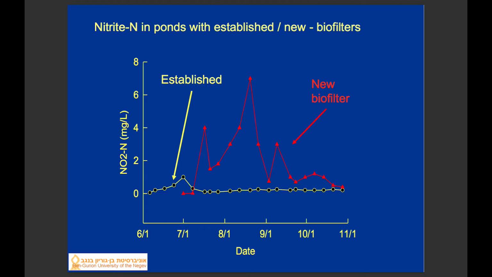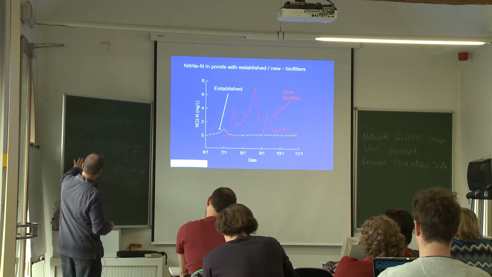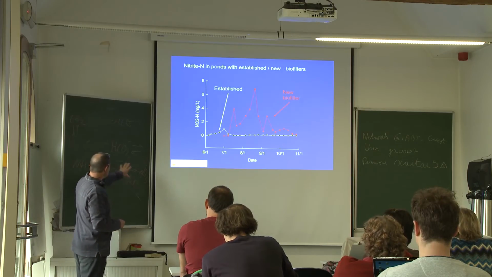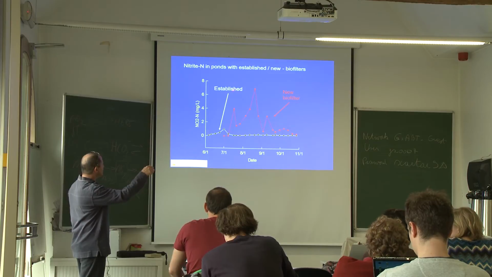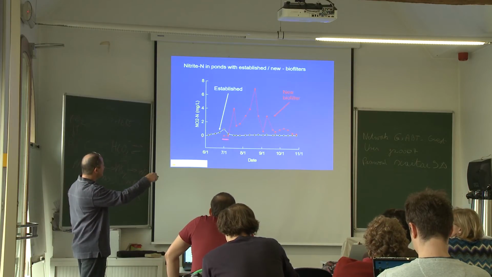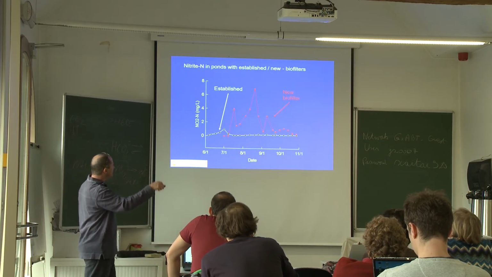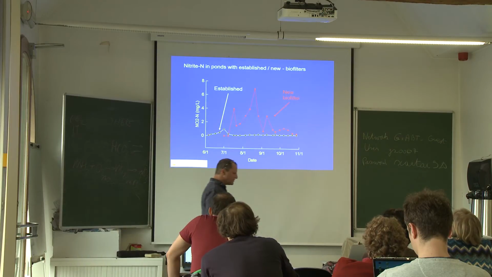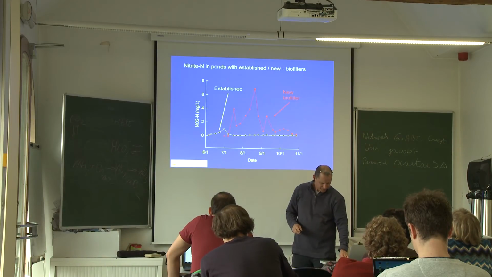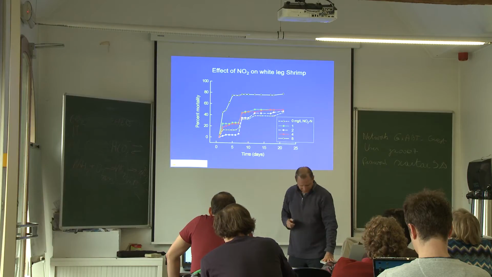The same thing with nitrite, because the whole system is dependent on these bacteria. So when you have an established biofilter, nitrite is not accumulating, but when you do not have an established filter, nitrite is accumulating.